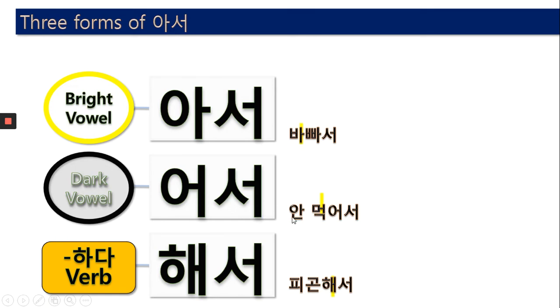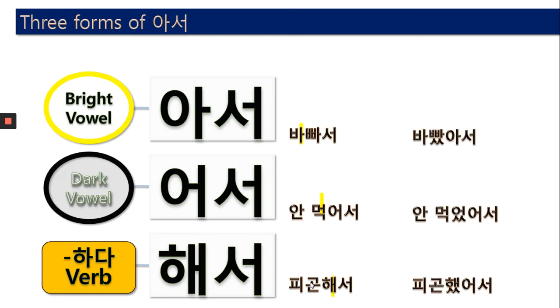So 어서, 안 먹어서. Because I didn't eat. Because I was busy. 피곤해서. Because I'm tired. The root form is 피곤하다, a 하다 adjective. That's why we change it into 해서. Okay? We have three forms.